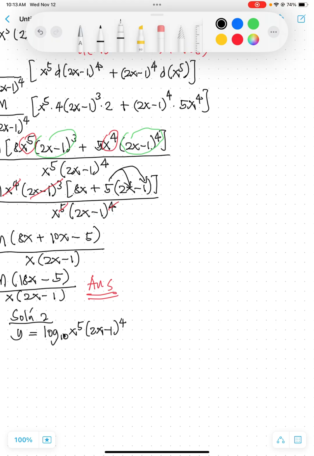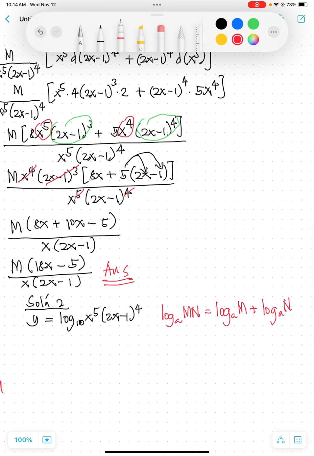So before we take the derivative of this, log to the base 10 of x raised to 5 times 2x minus 1 raised to 4, let us apply the logarithm of a product. So if we have logarithm to the base a of m times n, this is also equal to log to the base a of m plus log to the base a of n.